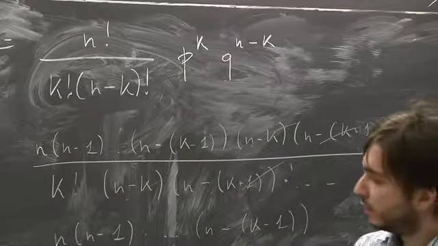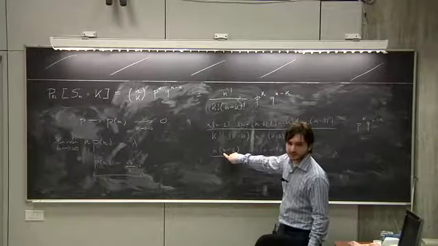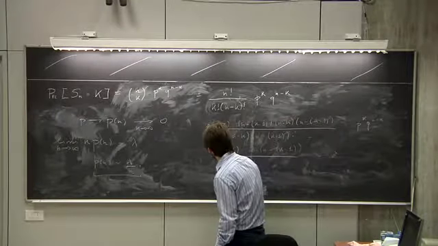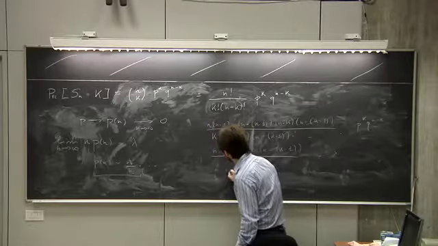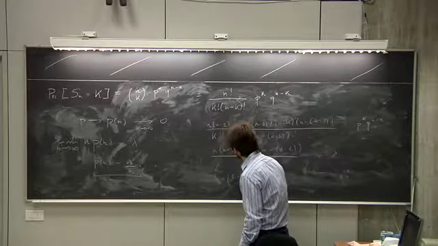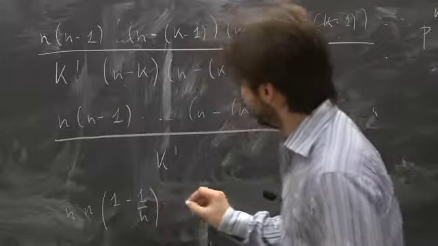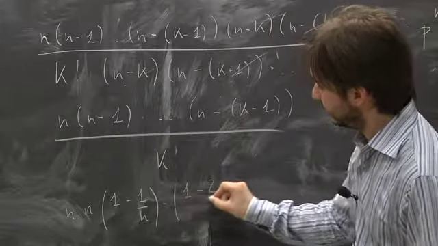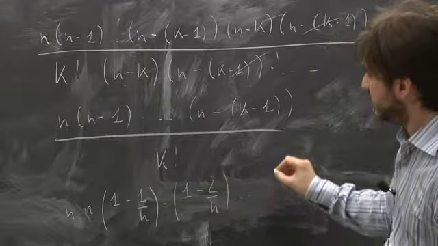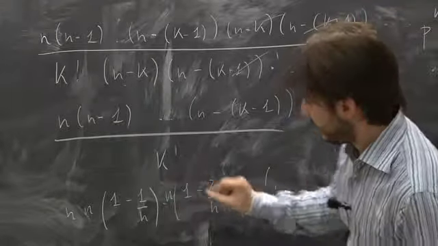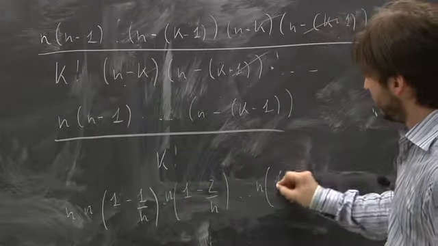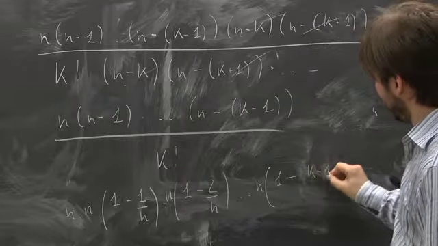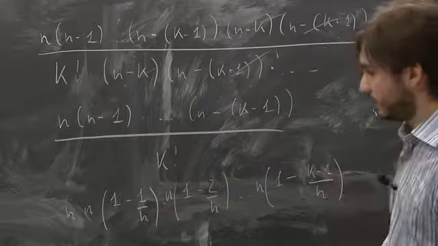Now, just rewrite all these terms in this way. N, then you put this n out, you have 1 minus 1 over n, right? Do the same thing here, and the next term will be like this, with an n, and then again you have an n times 1 minus k minus 1 over n, right?